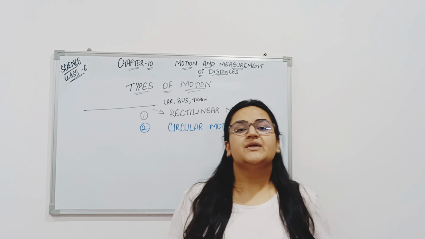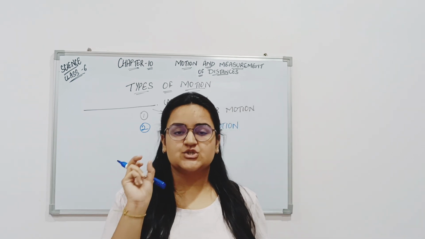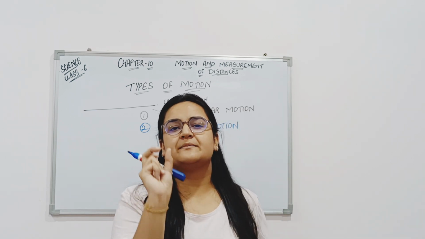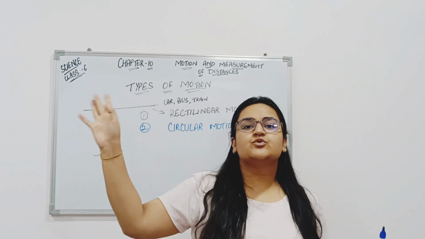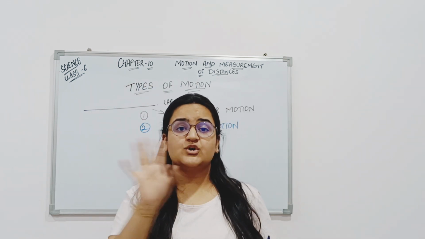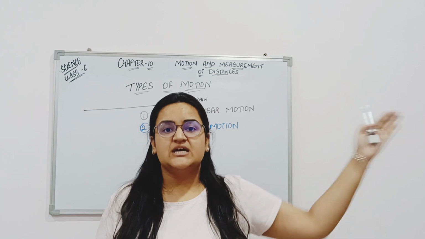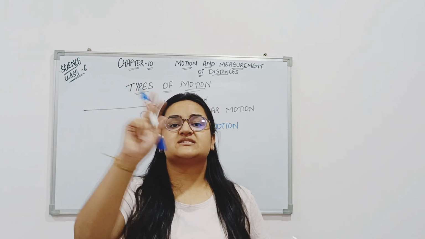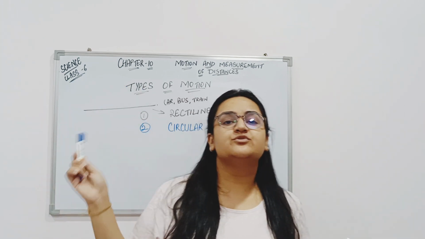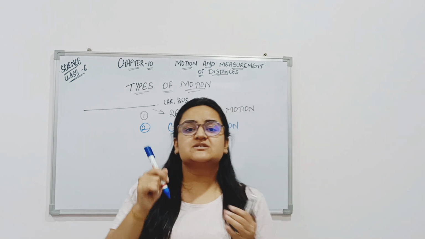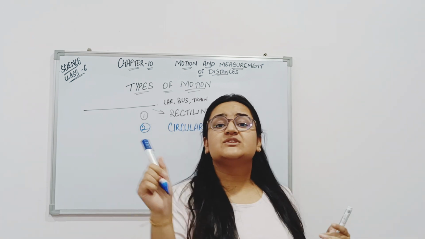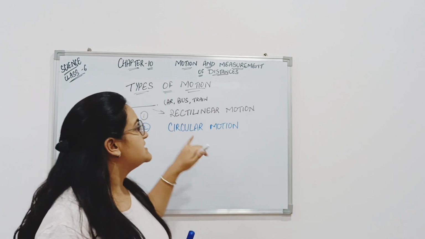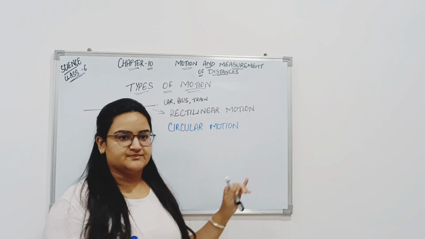For example, if you tie a string to a small piece of pebble or rock and rotate it, it is moving in a circular direction. It is not going to go in a straight direction. The distance from the center to every point will be the same. So this is circular motion, the second type of motion.